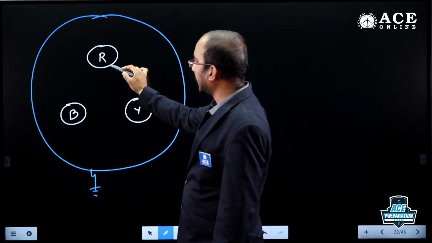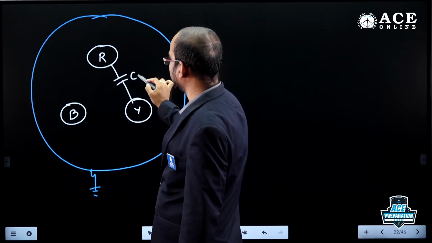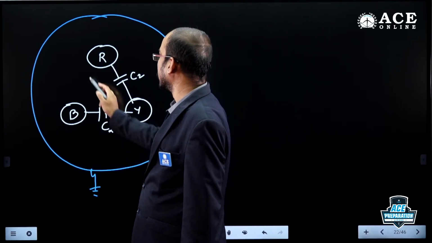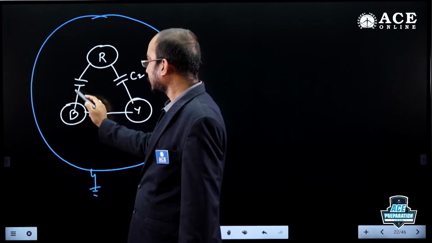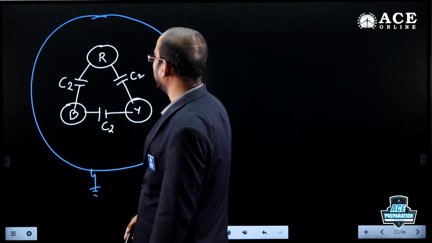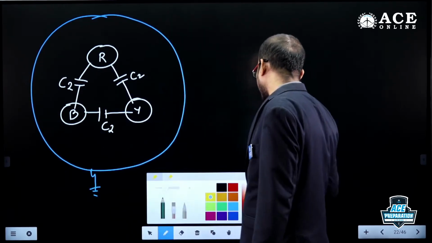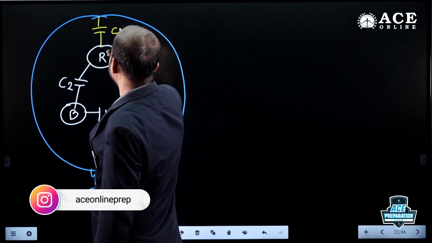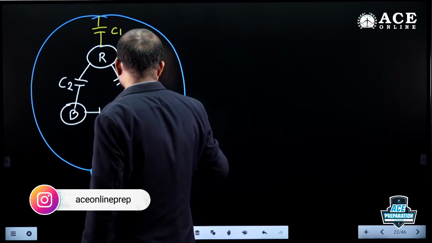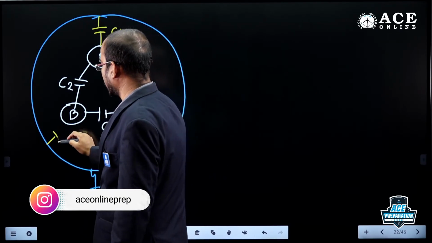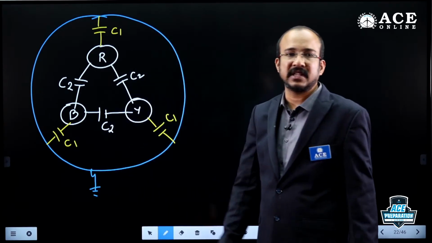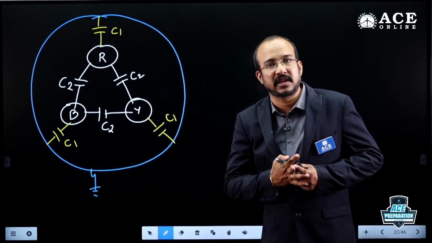There will be core to core capacitance, let it be some C2, existing between these cores. And there will be core to sheet capacitance also existing, let it be some C1. So this C2, the core to core capacitance, and core to sheet capacitance are given.